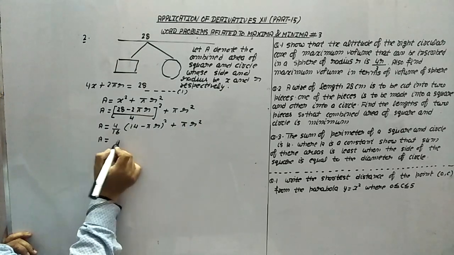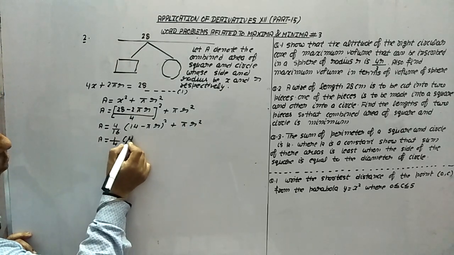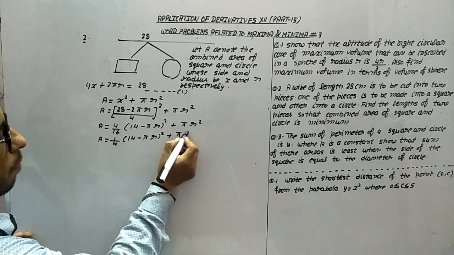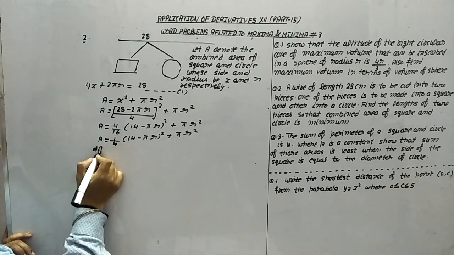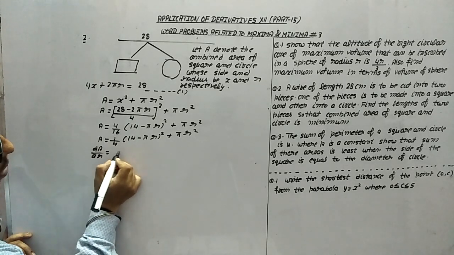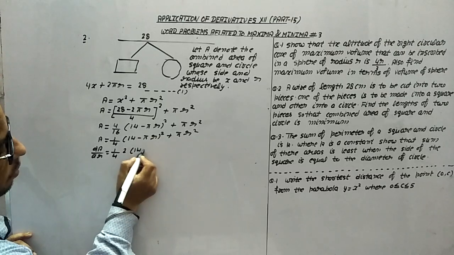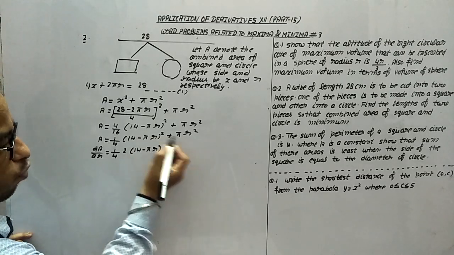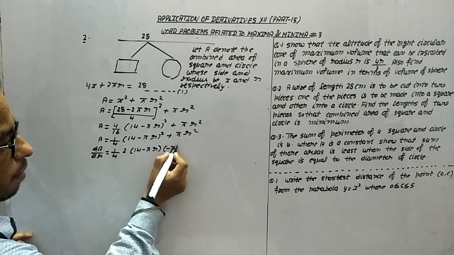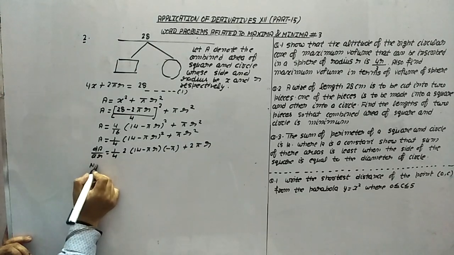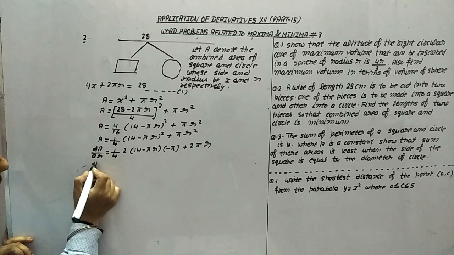It means A is equal to 1 upon 4 (14 minus pi r) whole square plus pi r square. Now dA by dr means 1 upon 4, 2 into (14 minus pi r) into minus pi, plus 2 pi r. Now first of all simplify this thing.